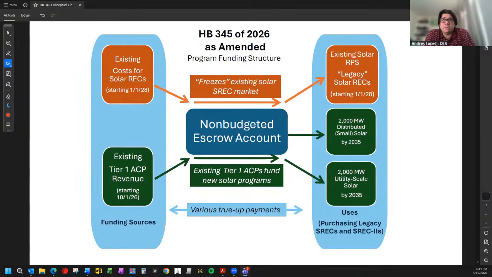I'm just flagging it because I think it's important that we recognize the impact of moving the money into the escrow account and doing this policy approach to that amount.